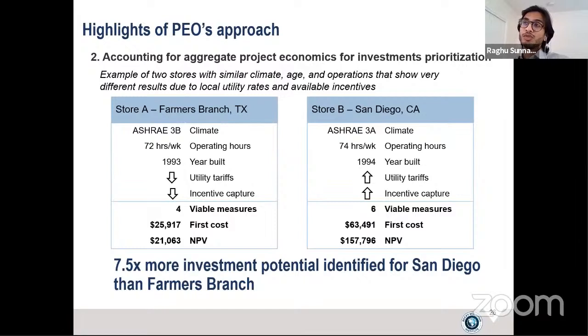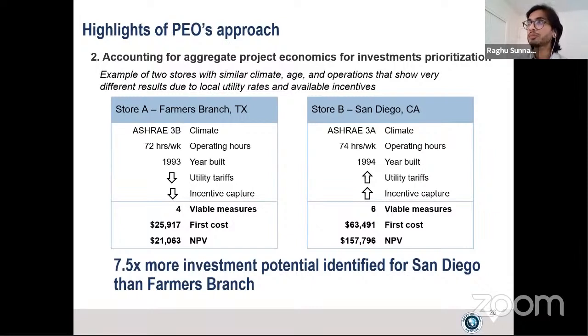Traditionally, in most financial studies, the decision-making criteria depends mostly on the first cost and the NPV, but without a nuanced understanding of the actual utility tariffs and the incentives available at each of these specific stores. This detailed information that we were able to pull from these different locations completely changed the way we would make the investment decision in this particular case.